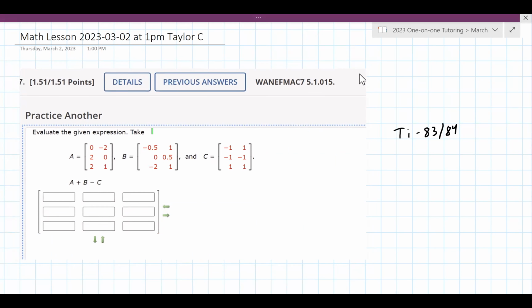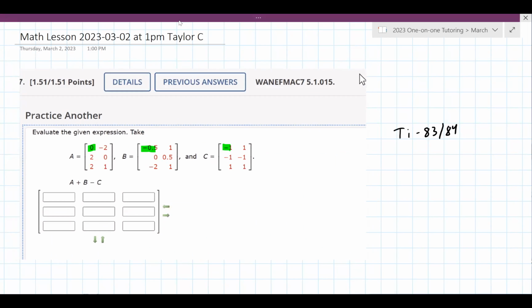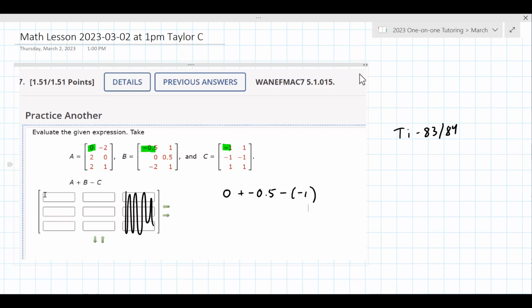So it's 0, negative 0.5, and -1. You're using those three elements to get your first answer. So from A, it's 0 plus the minus 0.5 minus a -1. That's how you're going to get that top left entry there.